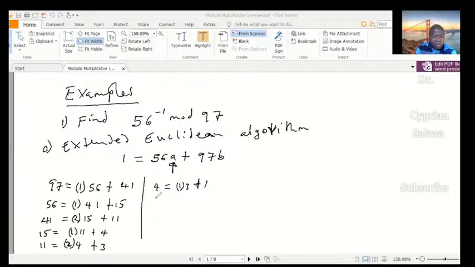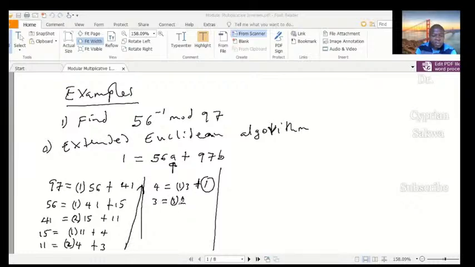And 1 goes into 3 how many times? 3 times, and the remainder is 0. That means 1 is the GCD. 1 is the GCD of 56 and 97. So we want to reverse these equations, make this one the subject, and reverse going up.